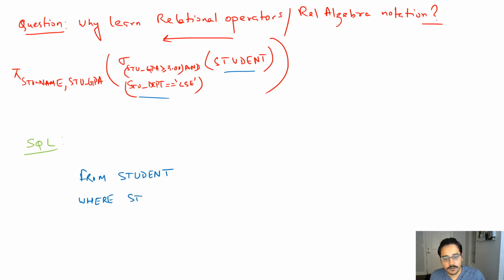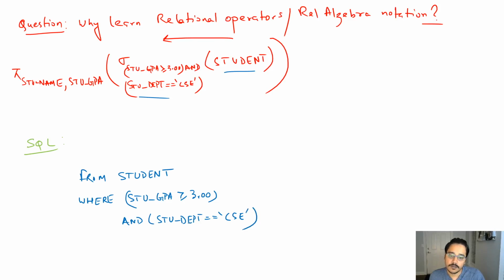So where student GPA is greater than 3.00 and student department is equivalent to CSE. And then select student name, comma, student GPA.